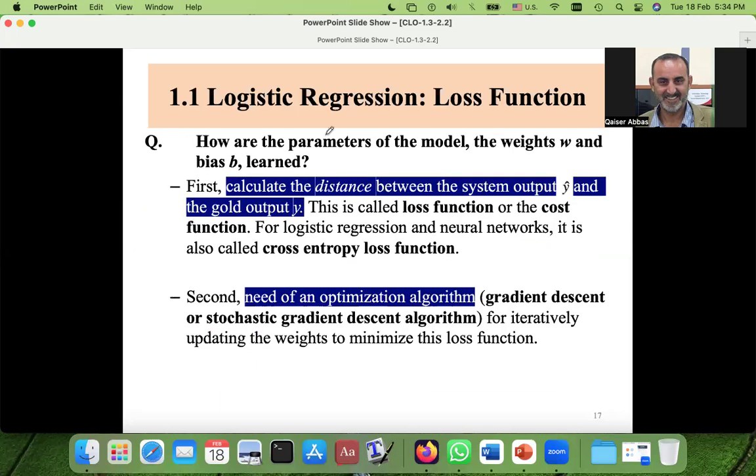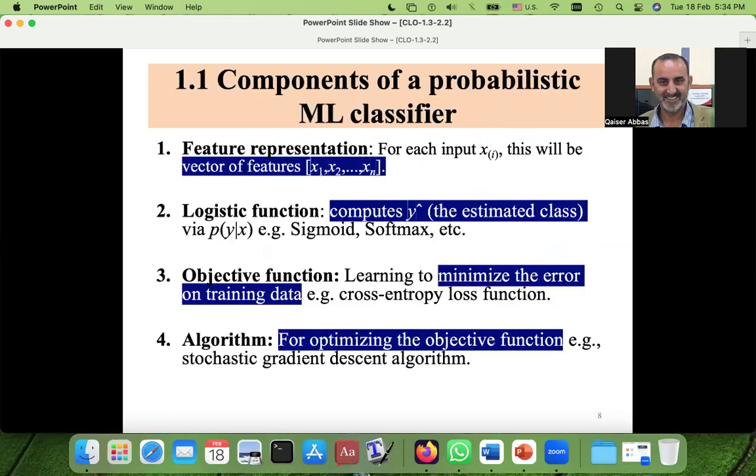Now, to our loss function. There was a slide where we talked about how every probabilistic machine learning model or classifier will have four components. The two components we discussed in the previous lecture, and two are remaining.